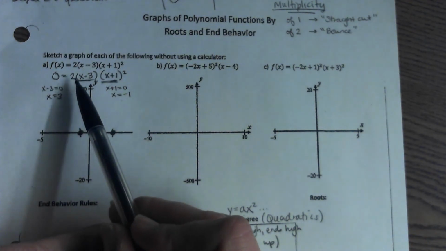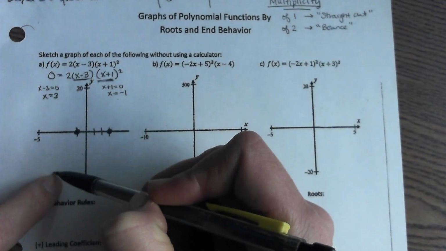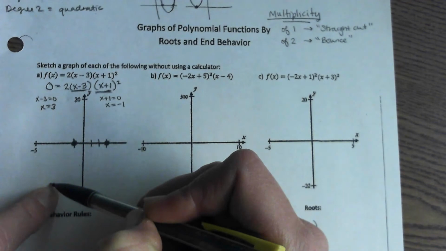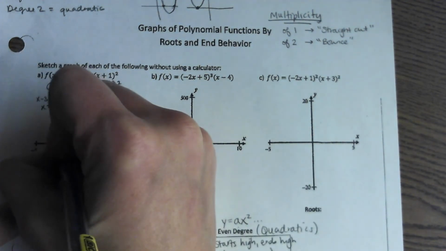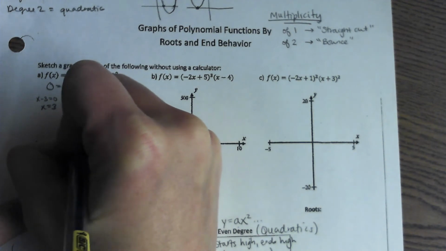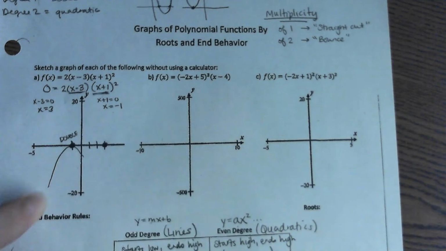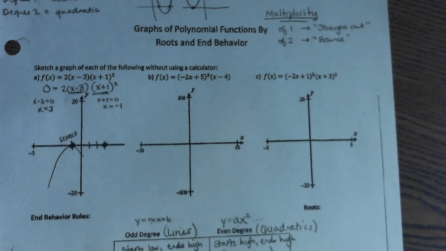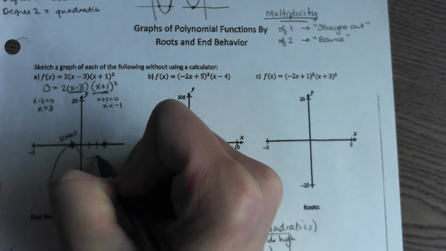Positive. So overall, we want a positive slope, which means we're going to start low and end high. Now, which one was the double root? The negative 1? This was a double. So when I get to this root, I have to bounce off of it. And then I don't really care where you turn around, but you have to turn around at some point and go through.